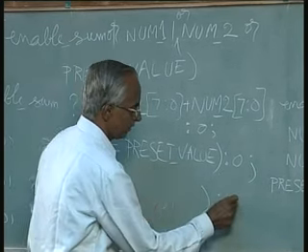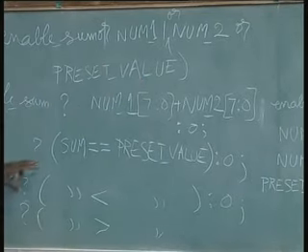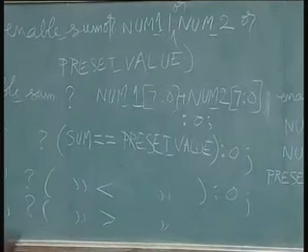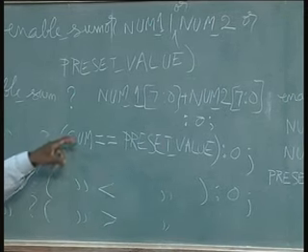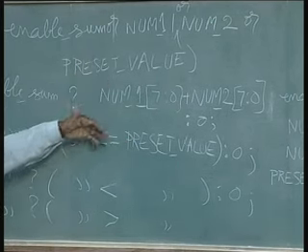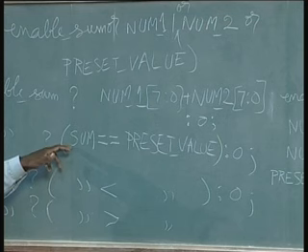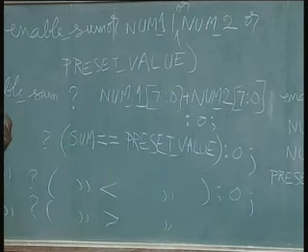And likewise we have a 0 if the condition is not satisfied. That is to say, as a further explanation, the sum is equal to the preset value, both of which are multi-precision width, and the value it returns is actually 1.